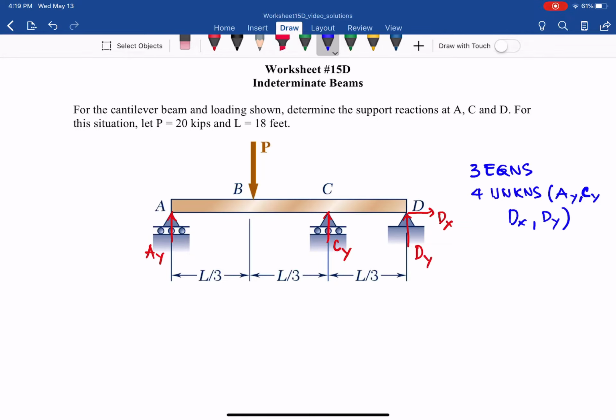So here we can say the first step, because it is redundant, we remove and consider CY as external load, again like in the previous problem.